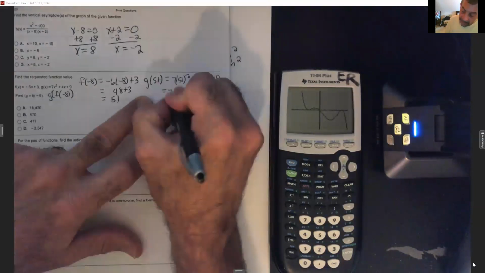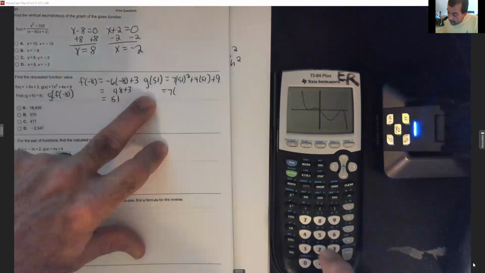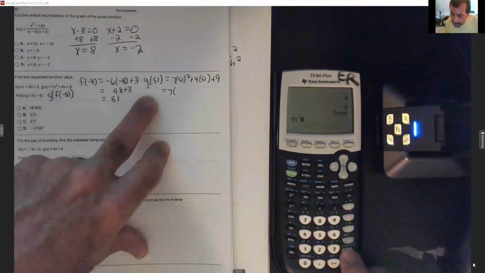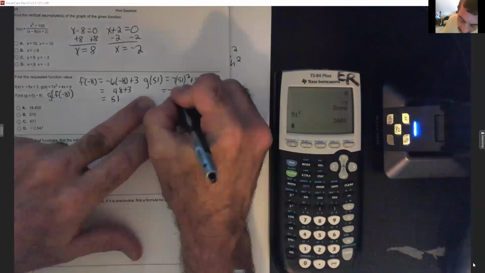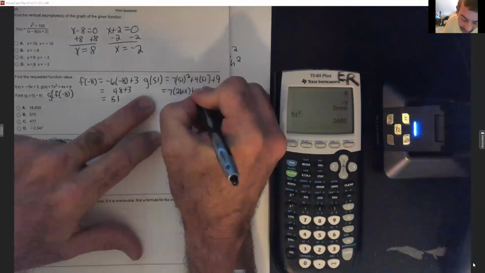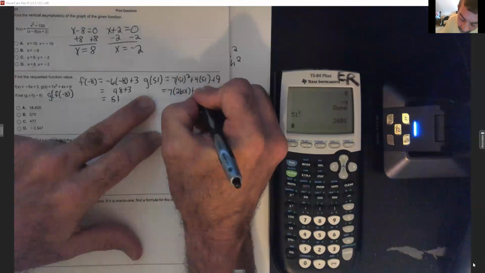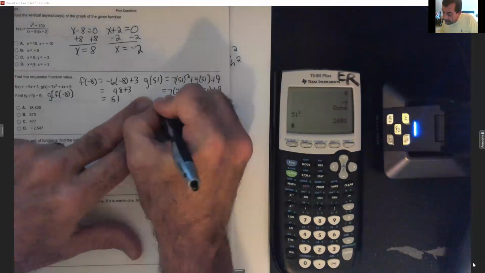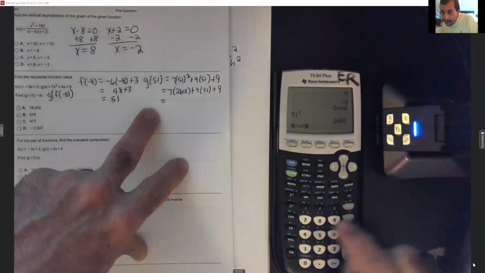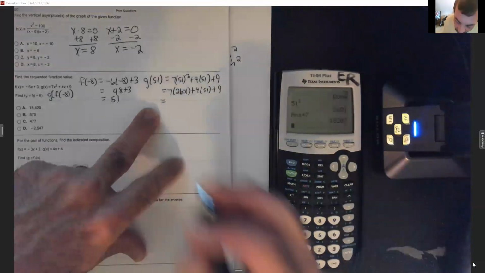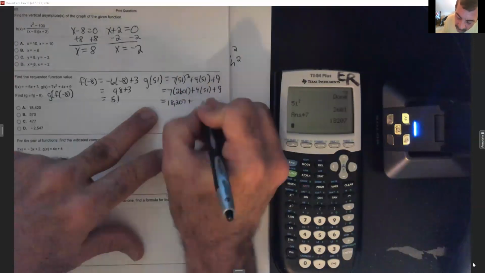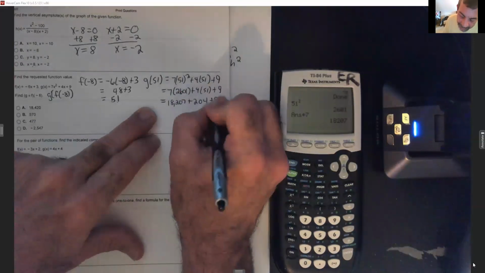All right, so 51 squared equals 2601. And then I'm just going to bring everything else down. Now I'm going to multiply. 2601 times 7 equals 18,207. 4 times 51 is 204 plus 9.